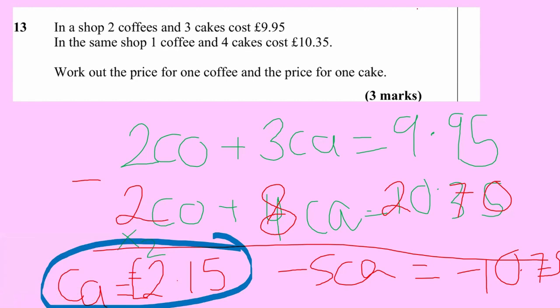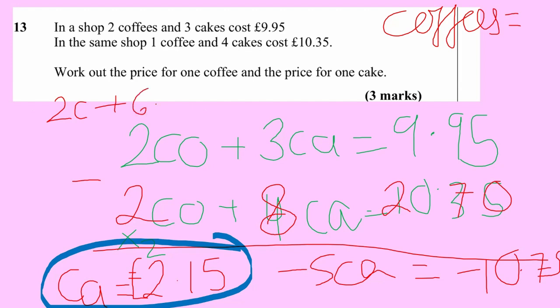Now we want to work out how much our coffees are. Okay. So literally you're just going to substitute it. I'm going to put it into the first one. So 3 times 2.15 is 6.45, plus 2C equals 9.95. Then you're just going to minus 6.45 on both sides.